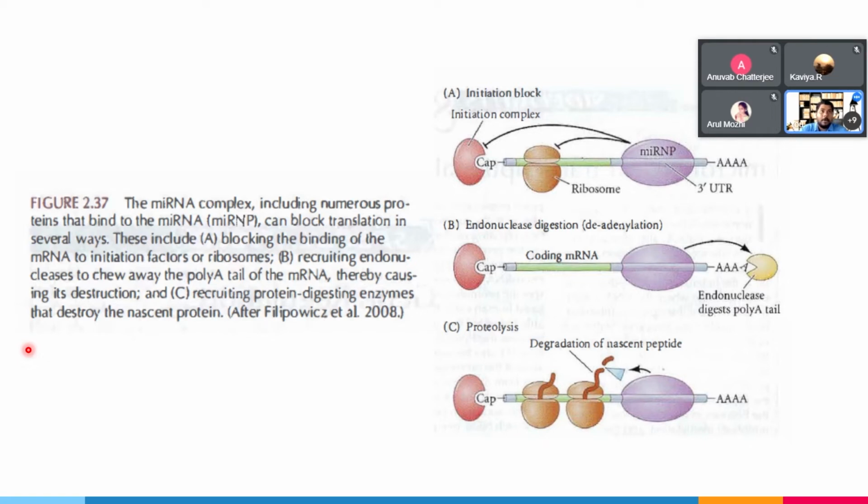If there is a lot of complementarity between the mRNA and the microRNA, then the RISC complex can stop the translation or cleave the mRNA entirely. So the microRNA complex, including numerous proteins, binds to the microRNA and forms the miRNP, that is the microRNA protein complex, and can block translation in several ways. These include blocking the binding of the mRNA to initiation factors or ribosomes.